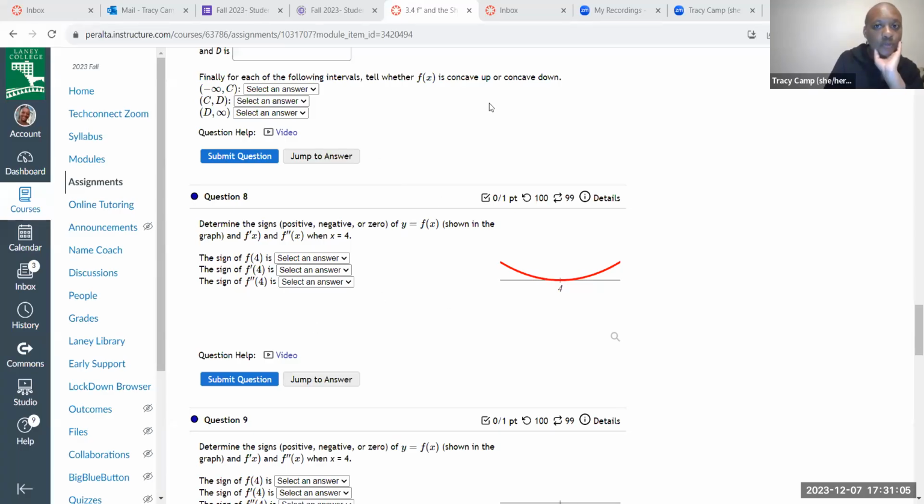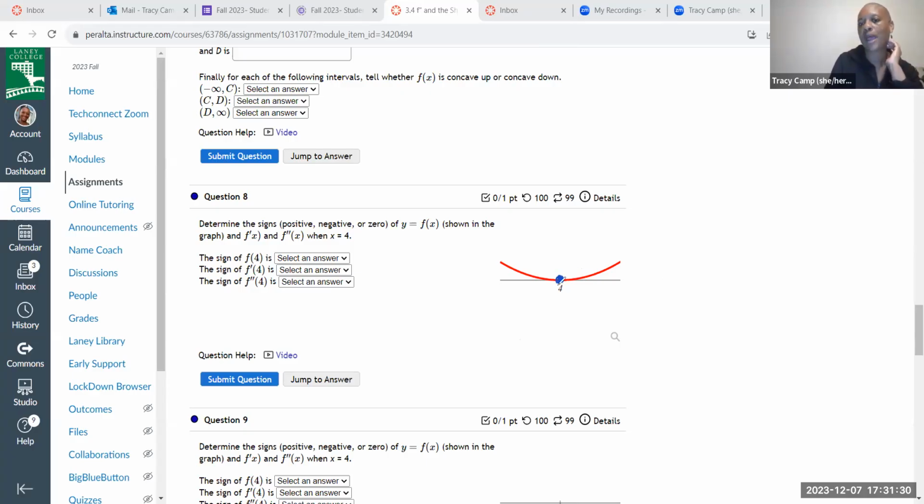So the first part of this, where it's asking us to determine what the sign of f of 4 is, is basically asking us to look at the y value of this function when x is equal to 4. So we want to look at this point here. And to me, it looks like that point is on the x-axis.